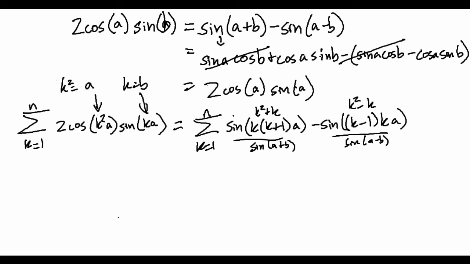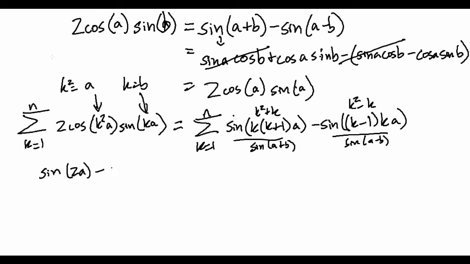So let's try writing out the first few terms. If we have k equals 1, the first term is sine(1 times 2A), so sine 2A, minus sine 0.